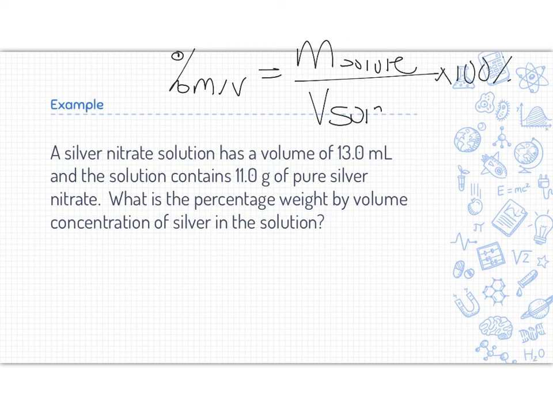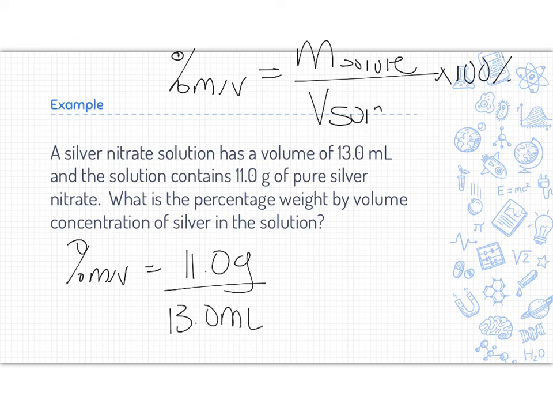So the solution has a volume of 13 mils. The solution contains 11 grams of pure silver. So our percent mass by volume is 11 grams divided by 13 mils. Now remember, 13 milliliters of solution is approximately equal to 13 grams of solution, so our units are going to cancel there.